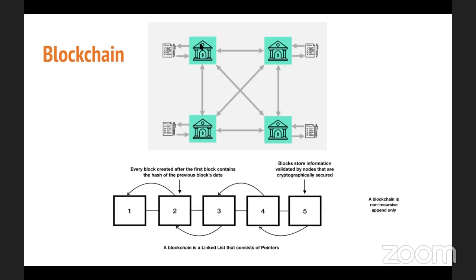For example, in the image we see node 1, node 2, node 3, node 4, and anyone can make an update of the ledger and communicate that update immediately to the other ones. So anyone can create a new transaction or can set a new transaction on this blockchain.